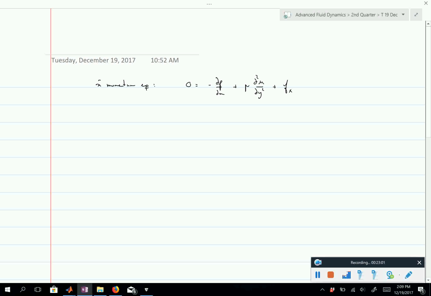Now what are the body forces in the X direction? There is nothing. There is no gravity in the X direction, so this one we can directly cross out. And so this looks, of course, like the equation we've had when we neglected inertia.